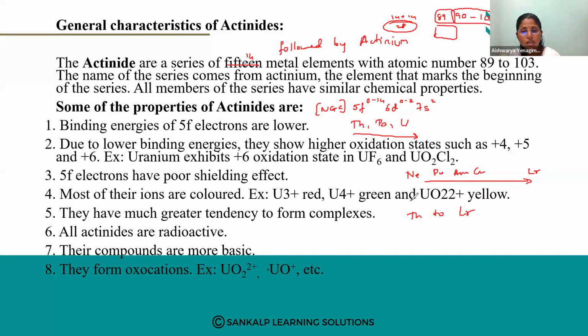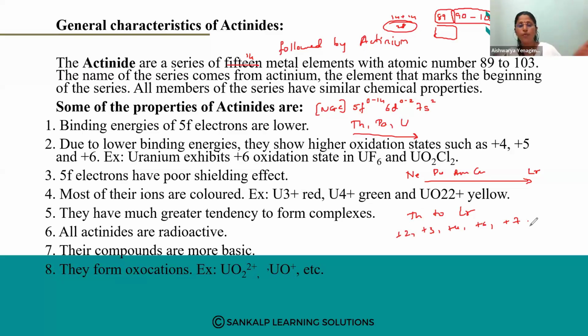Now the oxidation states. Actinides exhibit a great range of oxidation states: +2, +3, +4, +6, up to +7.